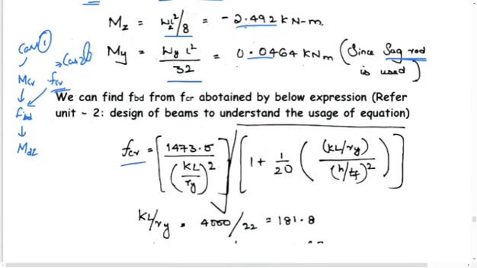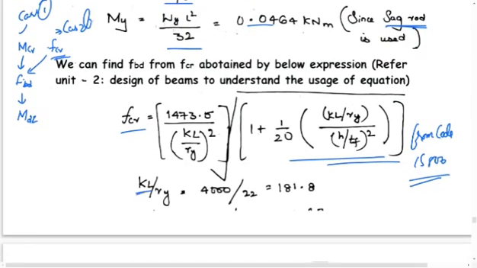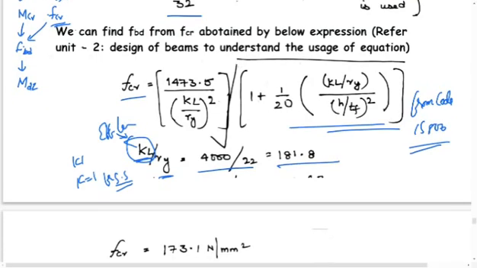So FCR is, this is the equation from the code IS 800. Of course, you may be aware of this equation, as we have seen it in our beam design. And KL is the effective length. K is equal to 1 for simply supported. Ry is the radius of gyration, the minimum radius of gyration that you can get from the code book. Put that, 181.8.